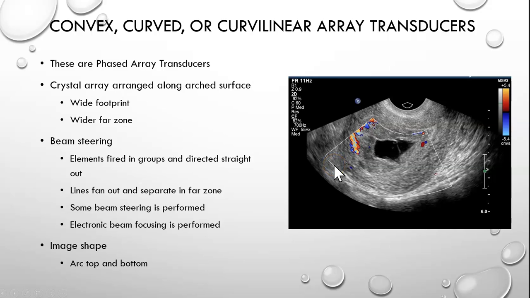So you can't necessarily steer your Doppler image with this type of a probe. Though there is some steering being done, usually we can't steer our Doppler with this. So curvilinear, unsteered Doppler, but there is some electronic beam focusing going on. So the image shape is defined by an arc on the top and the bottom.